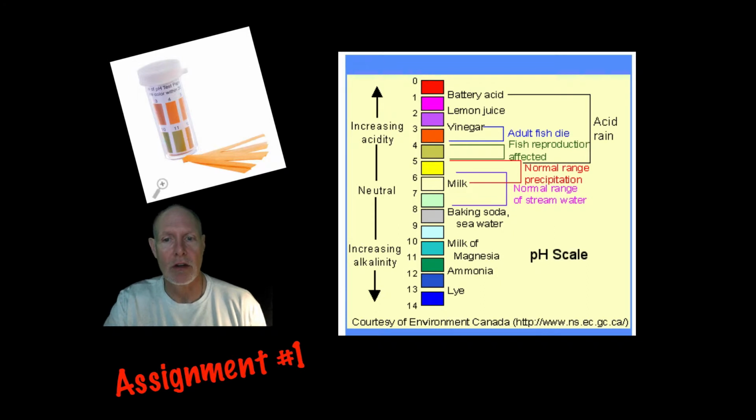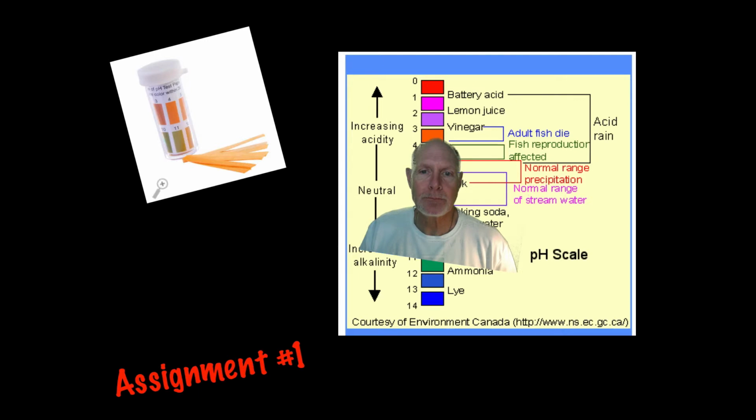And the chart can go up and down, vertically like you see right here, or it can go horizontally. But do that on one page in your science notebook so that you have a way to organize everything that we've done so far, so that it begins to make a little bit more sense in terms of where the different pH levels are for some of the materials that we've taken a look at.